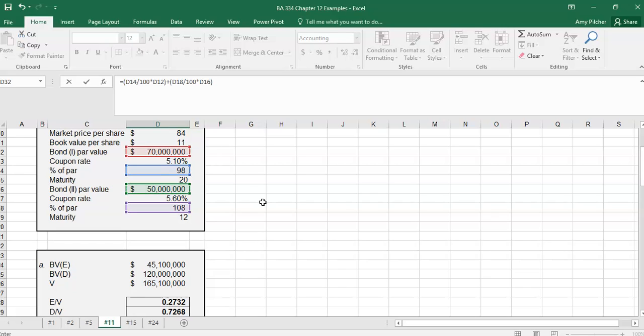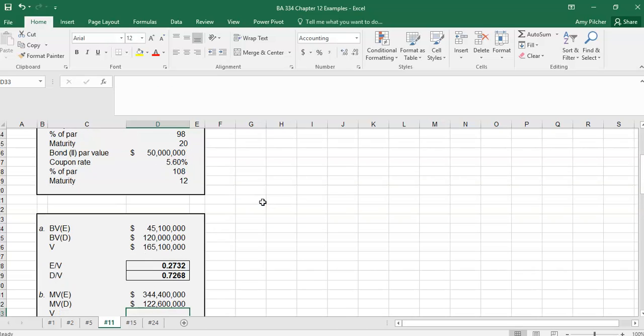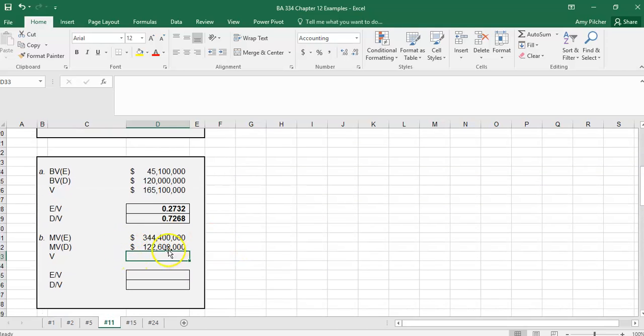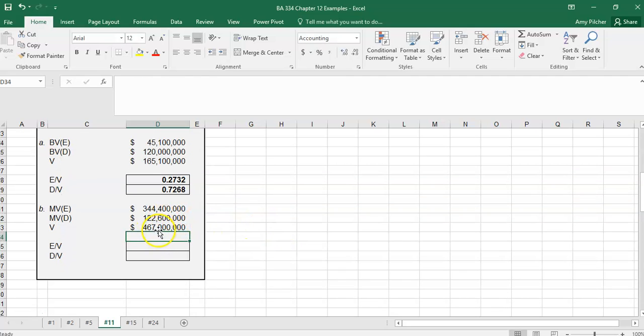You can see that at 108%, bond 2 is trading at a premium. So the market value of our bonds is $122,600,000. We're going to add those two together, and we get a value of $467 million.